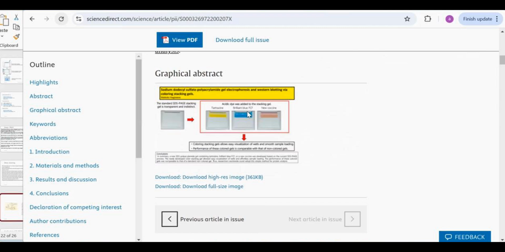But yes, here are the applications, and this is another application that I have to talk about, wherein you have, say, proteins which are differing in their molecular size. Very rarely they are differing, right? But there is a difference in the charge.